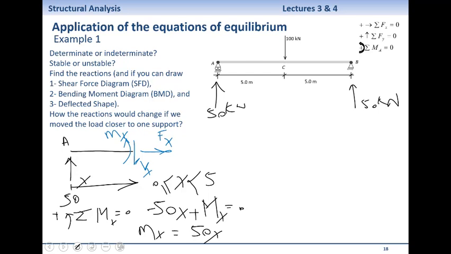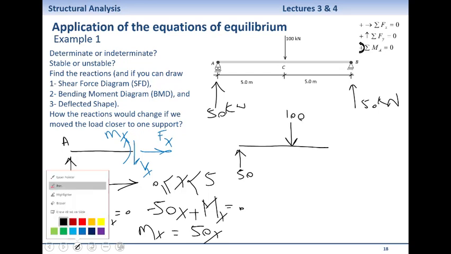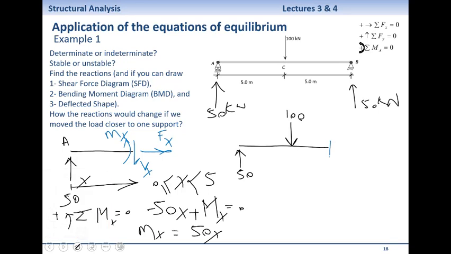Because if I cut the beam at any point after point C, what happens? The free body diagram changes. If I cut the beam for any point after point C, there's another force that comes into play.